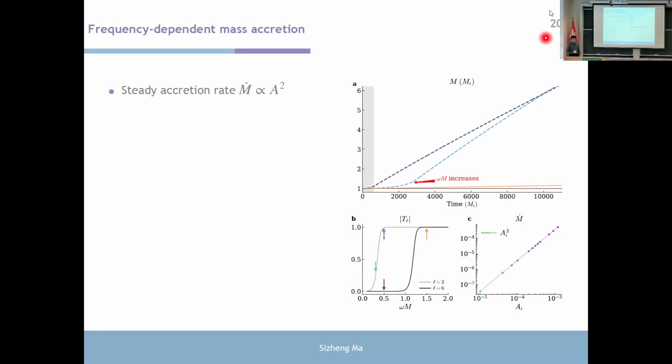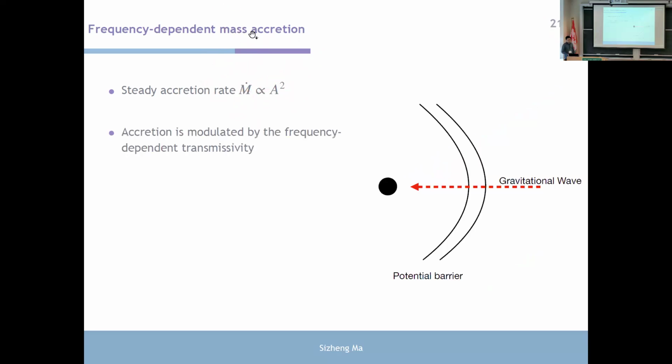The accretion rate M dot is proportional to the injection amplitude squared, and the coefficient in front of it is frequency dependent. This frequency dependence arises because the transmissivity of the black hole potential barrier depends on the frequency. Because we are injecting gravitational waves at a far distance, the wave needs to penetrate this potential barrier in order to be accreted. That's how this frequency dependence kicks in.